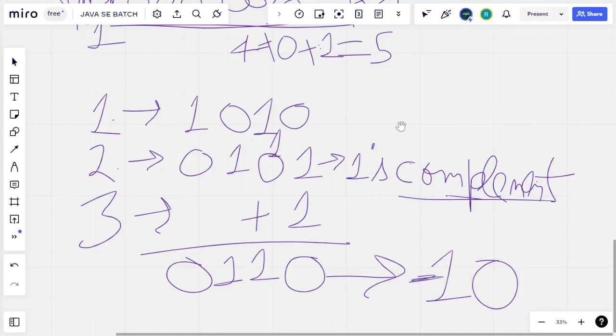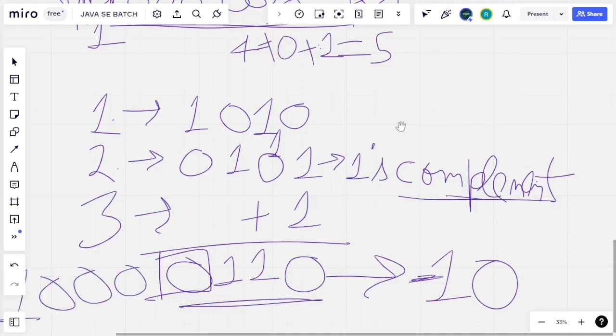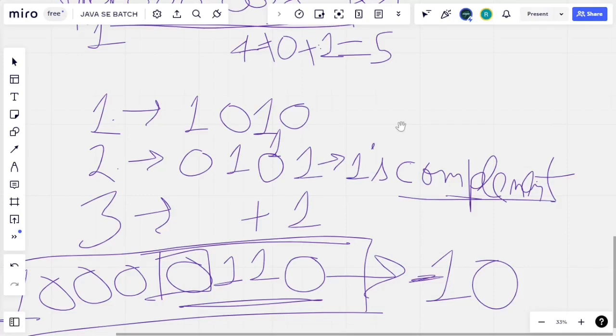Okay, now you will argue that okay, you said most significant bit will be represented as 1 if it is a negative number, but here we have 0. But my friend, I have not mentioned the other bits that you have in an 8-bit system. So if you represent this number in an 8-bit system, you will get the most significant bit as 1 here.